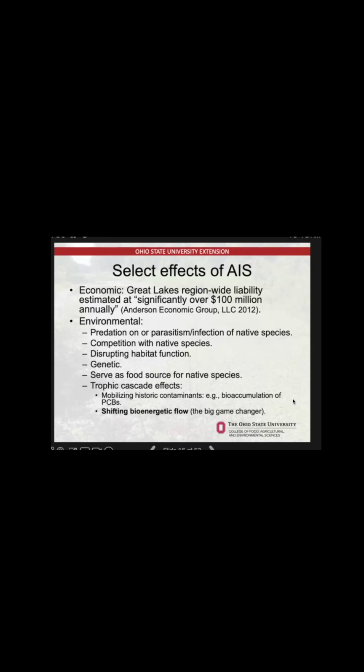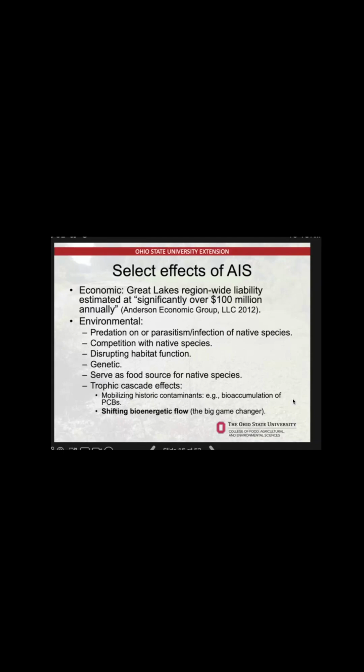If I've got a soft substrate wetland with lots of native aquatic plants, and all of a sudden it's covered with the gravel-like substrate of zebra mussel shells, that habitat is very substantially changed on a very large scale. If we've got things that are closely related, we might have some genetic disruption of our native populations, either intergradation, if we're talking about the same species from a different watershed, or even hybridization if something's close enough.